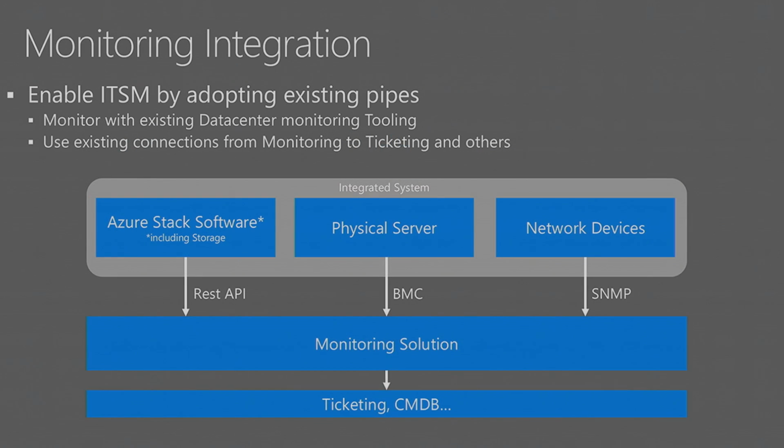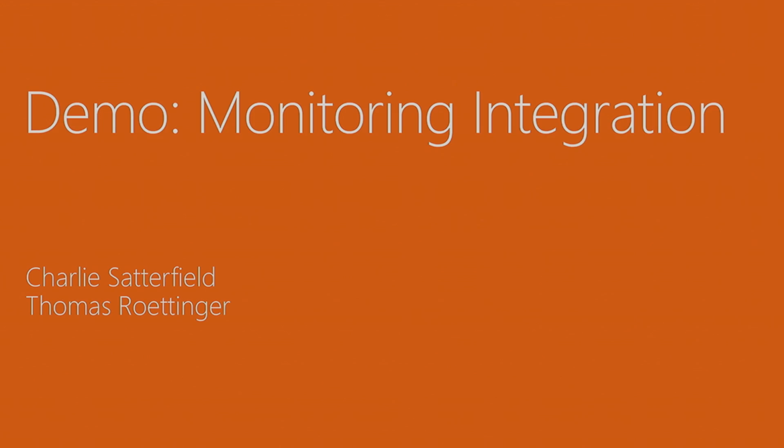We want to enable you to use your existing monitoring solutions and ITSM pipeline to monitor Azure Stack for the software, as well as the solutions provided by your partner, your hardware vendor, for the physical server, and then any solution you have in-house for those network devices to flow to your monitoring solution and likewise to your ticketing and CMDB. That one's yours. Let's take a look at what that might look like in your data center.